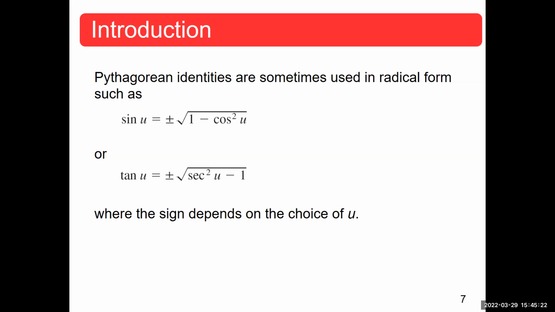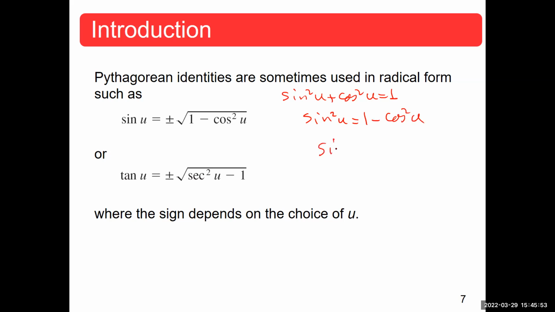Pythagorean identities. Where does this come from? Do you remember where it comes from? This one here, remember, we have sine square of u plus cosine square of u equal 1. Then sine square of u equal 1 minus cosine square of u.